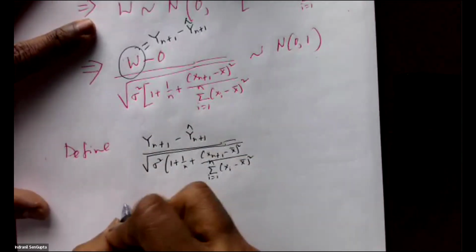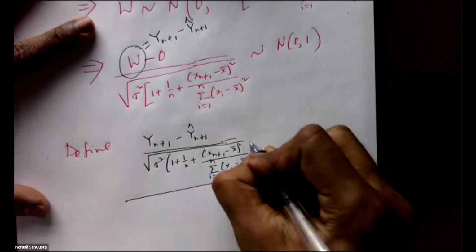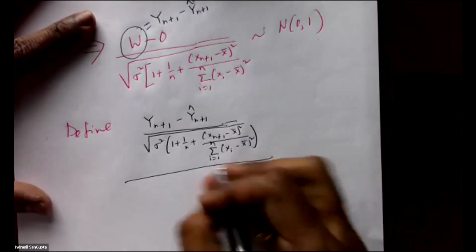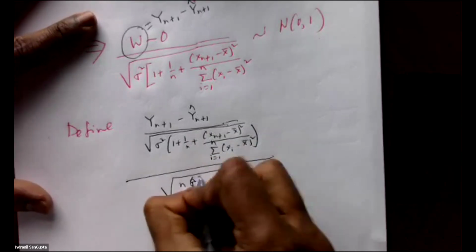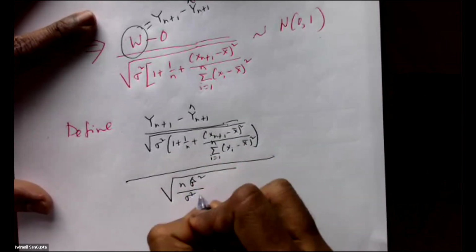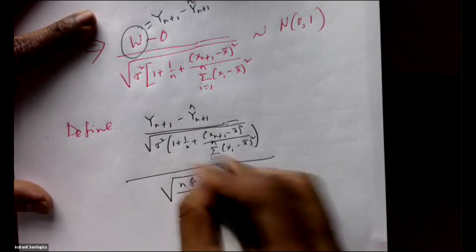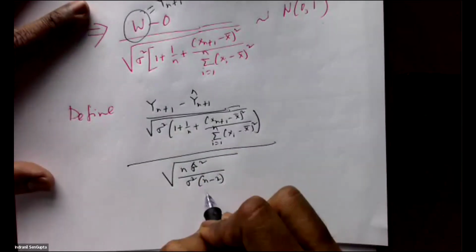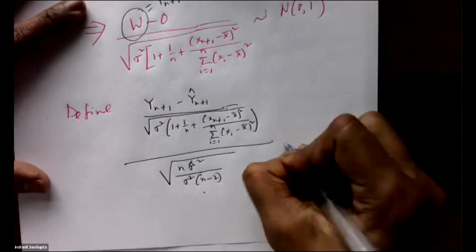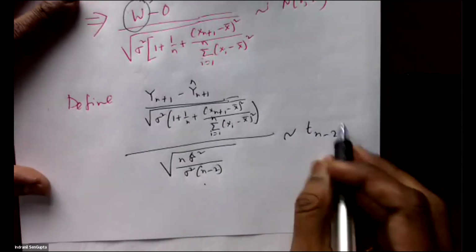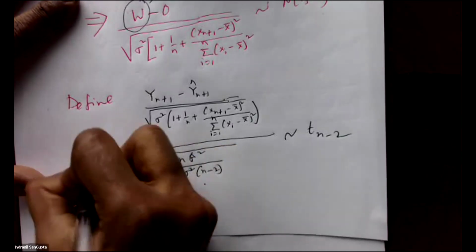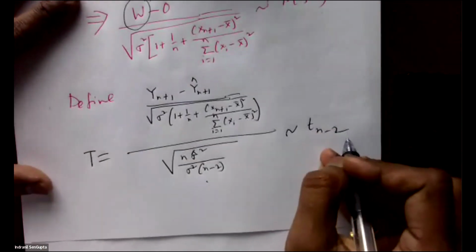This is the numerator Z, and I need something independent of this one, which is n sigma hat squared over sigma squared over n minus 2. That's the chi-square, divided by its degrees of freedom. So that means it is really following a t distribution with degrees of freedom n minus 2.